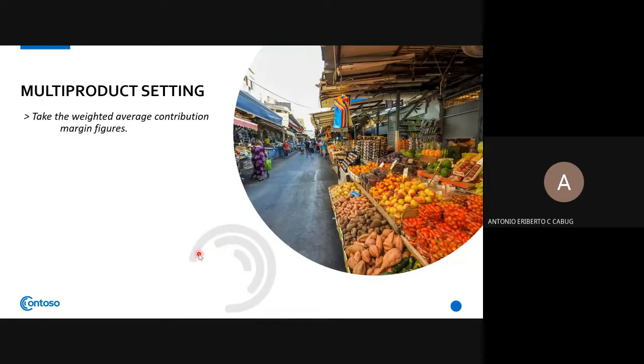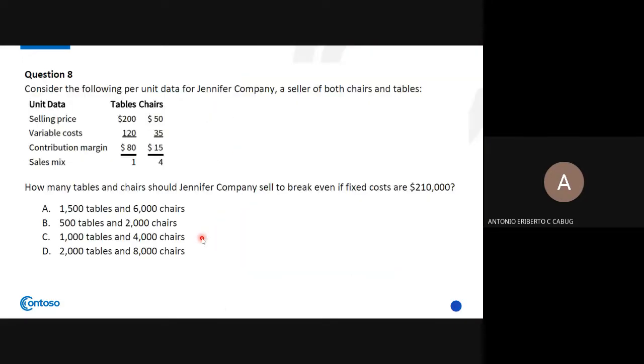Now, when it comes to performing break-even and target profit analysis, we need to take weighted average CM figures. Weighted average UCM, it will be based on the sales unit mix. Weighted average CMR, it should be based on the sales revenue mix.